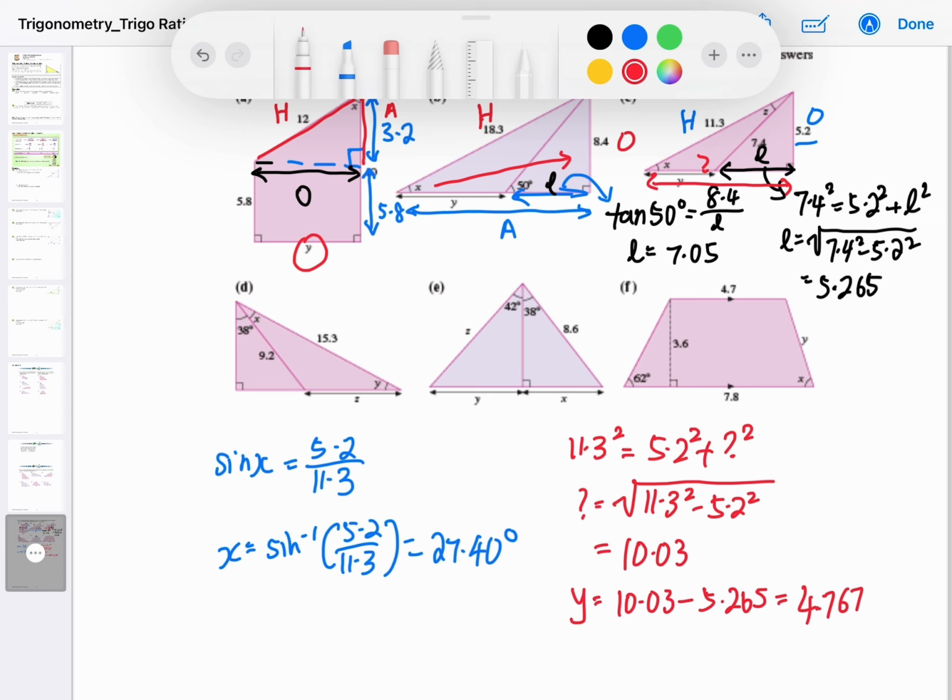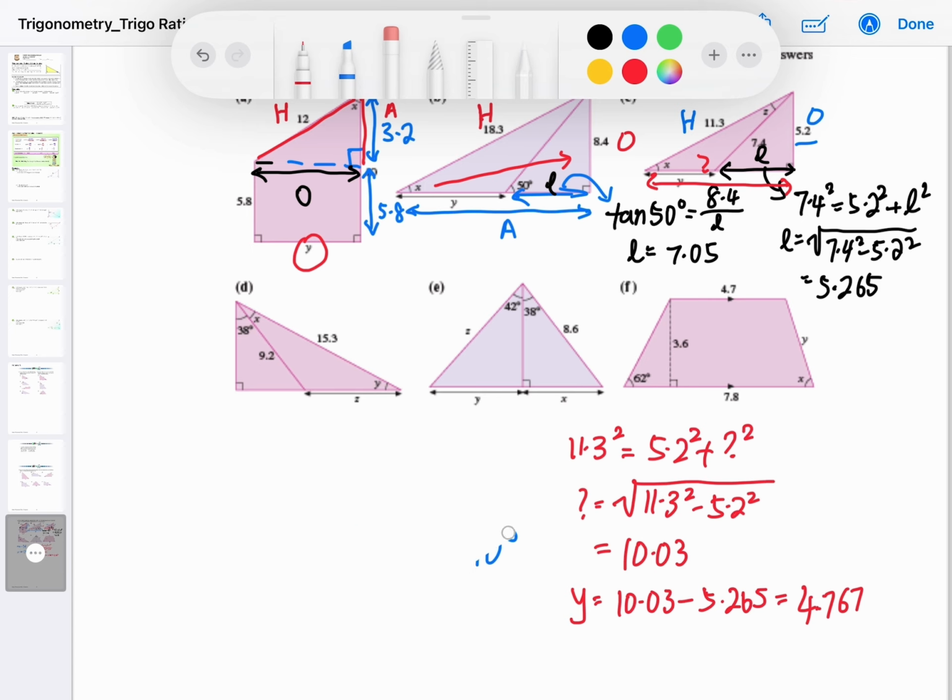For z, we need to find the angle. To find the angle, I would first need two lengths: one is the question mark length and the other is the hypotenuse. So I have O and I have H. That would be sine. So sine of, let's call this theta, sine theta equals O over H. O is 10.03 over 11.3.